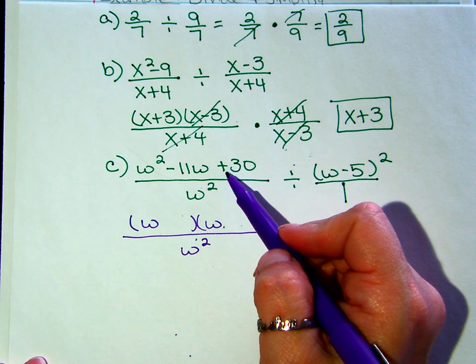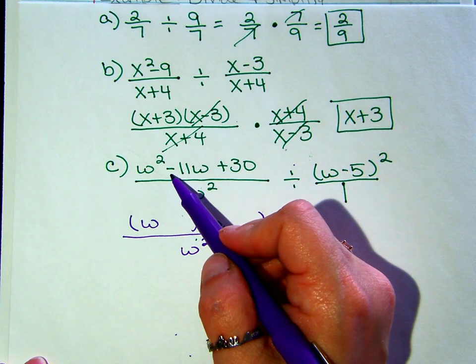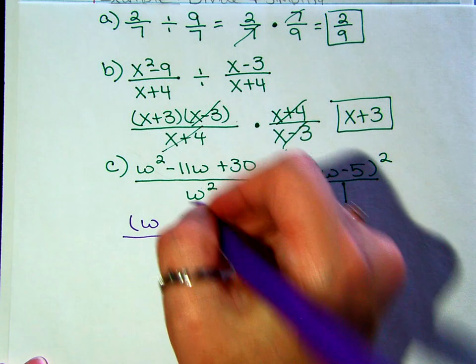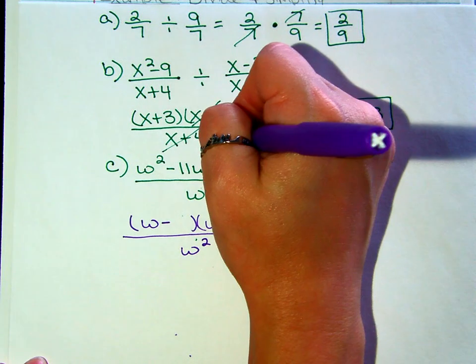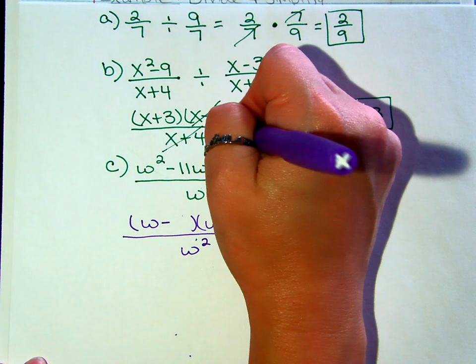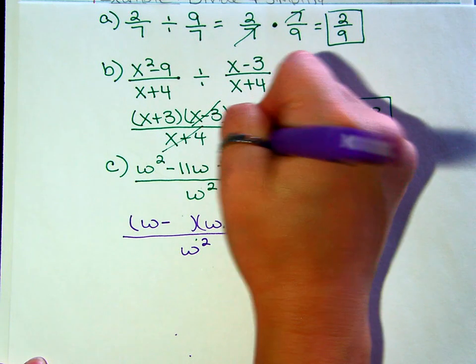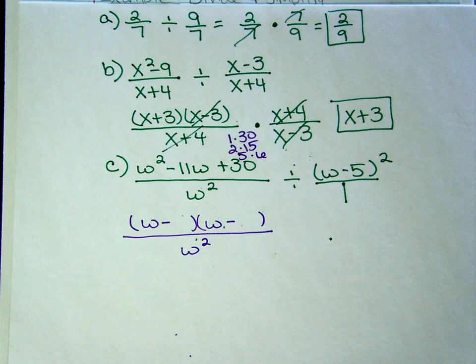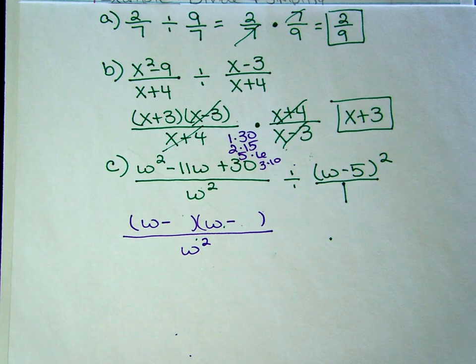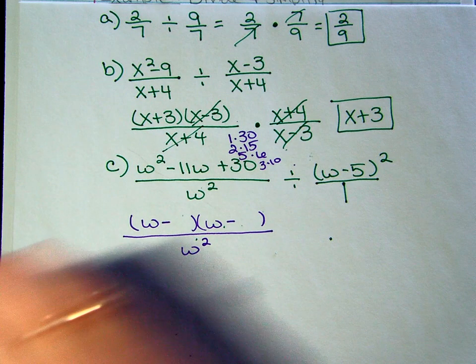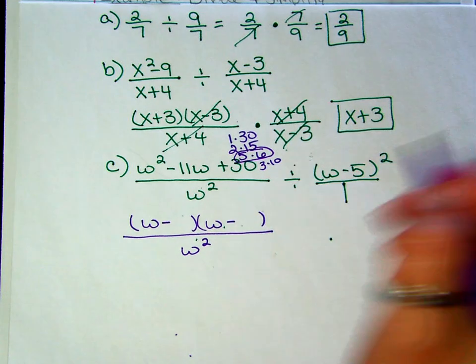Since it's a negative out here in front of my B, I know they're both negatives. So factors of 30 that add up to be 11. I have 1 and 30, 2 and 15, or 5 and 6, or 3 and 10. There's another one. Lots of factors of 30. 5 and 6 sure do add up to give us 11. So I'm going to have a 5 and a 6.